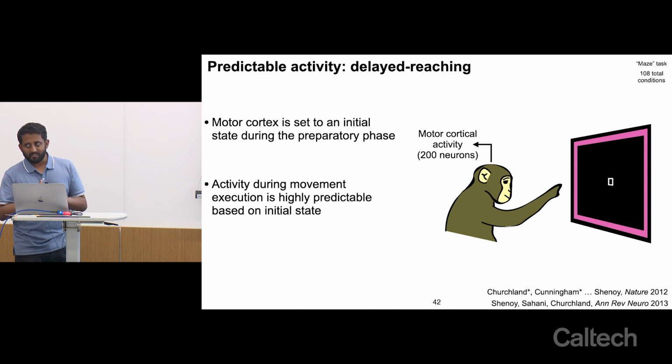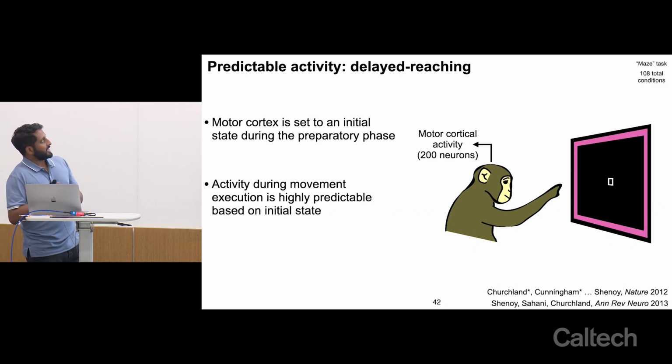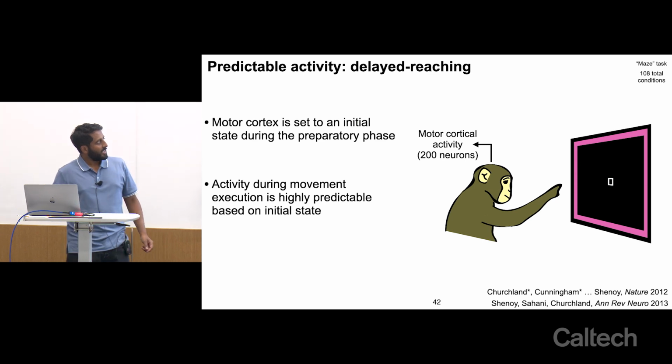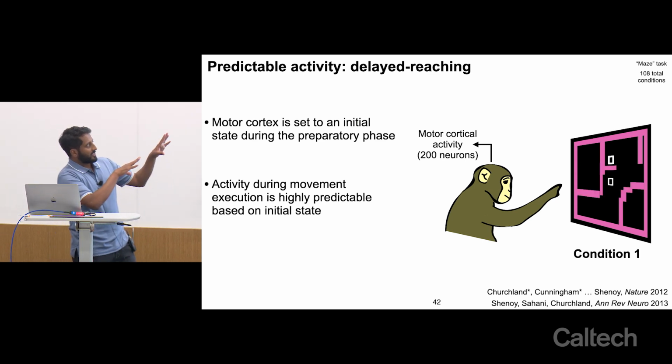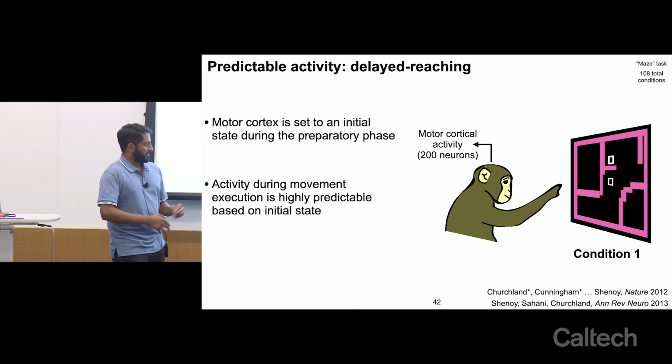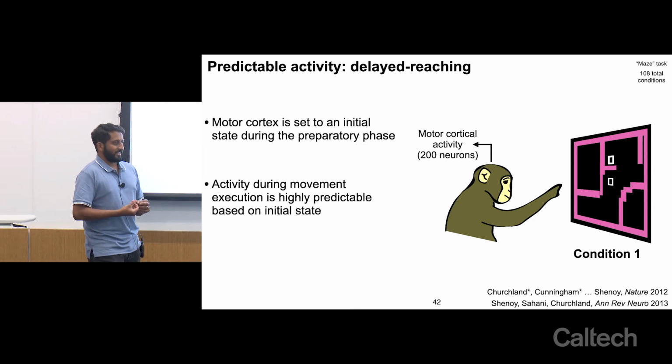And specifically, just to give you a sense of the structure of the data, this is a delayed reaching task, meaning the monkey sees the screen, and the target comes up. And this is particularly, I think, Mark's innovation, this maze task.